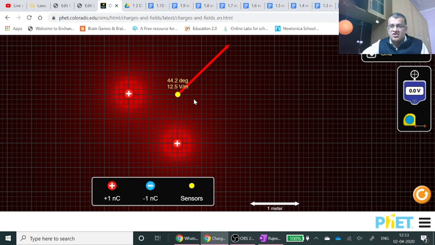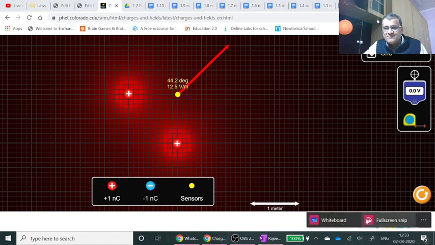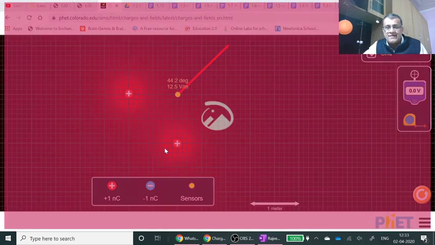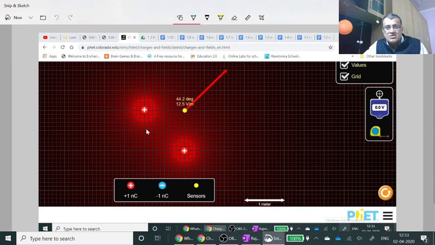Let me draw this and explain it a little better so that there is no confusion in your mind. A quick revision. Due to this positive charge, the field at this point is away from it and in this direction. If I call this charge number 1, this is E1.